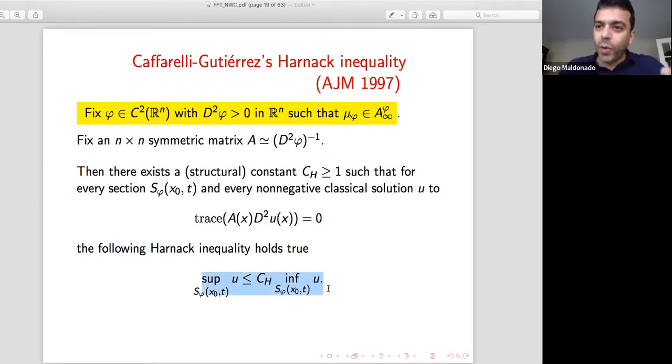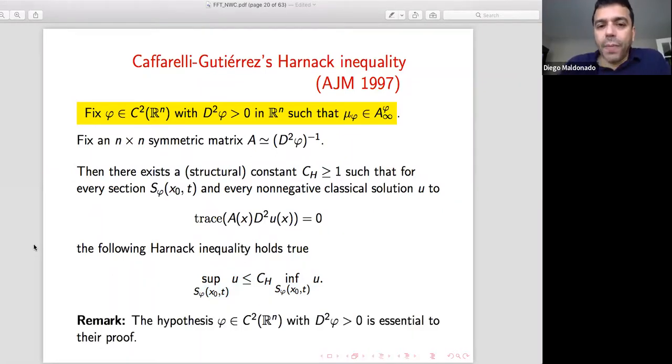But you see how the property holds on the natural geometry, the geometry of the sections. And this hypothesis of the Hessian of phi being strictly positive everywhere is essential to the proof. Even if at one point it's 0, the proof doesn't work.